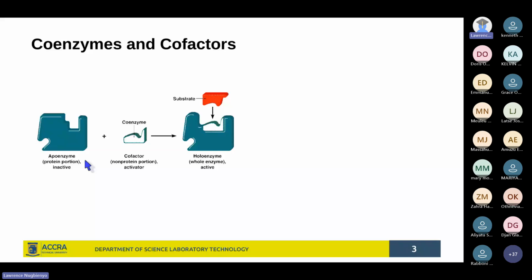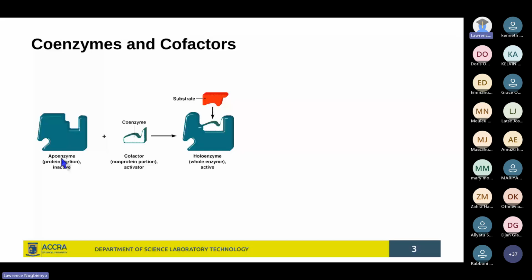We looked at terminologies so that we'll be able to understand as the topic continues. So sometimes you see the apoenzyme is also called apoprotein. So that is the protein part of the enzyme. Now, usually you have that apoenzyme being inactive.